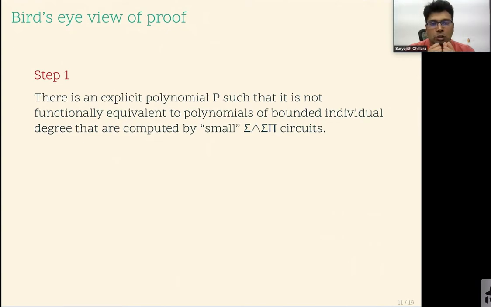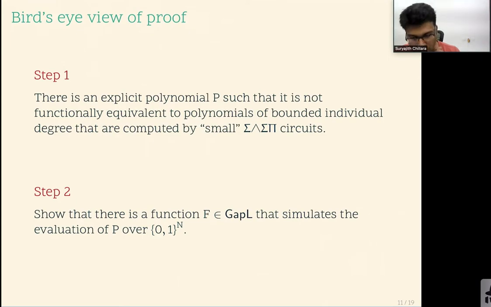However, we are able to show this result with a caveat of bounded individual degree. That is, polynomials of bounded individual degree that can be expressed as small sigma power sigma pi expressions. So that's the result. That's step 1.